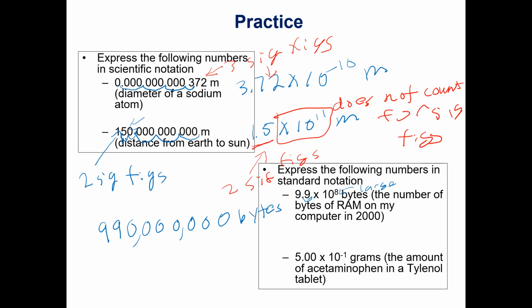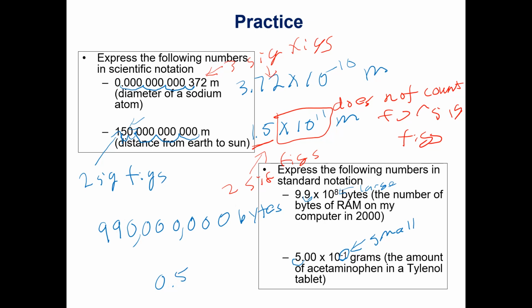Now the second example, I have a small number because it's a negative exponent. So if I were going to do a small number and put it into scientific notation, I would move my decimal to the right. So I'm going to go to the left to take it out of scientific notation. So I'm going to go one place over, and that gives me 0.5.